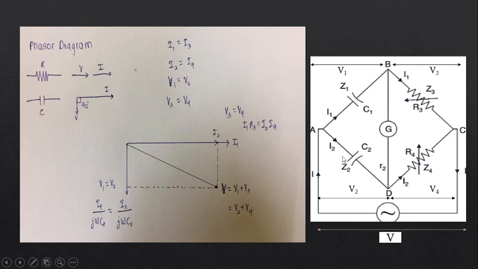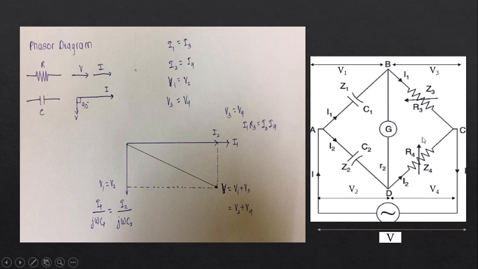Similarly, for the current I2 flowing through C2, as we already know that V1 is equal to V2 and V3 is equal to V4, therefore I1 divided by j omega C1 is equal to I2 divided by j omega C2. So this capacitor voltage also lags the current by 90 degrees, and similarly for the resistor they are in the same phase.